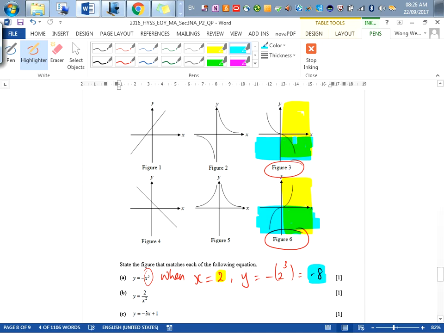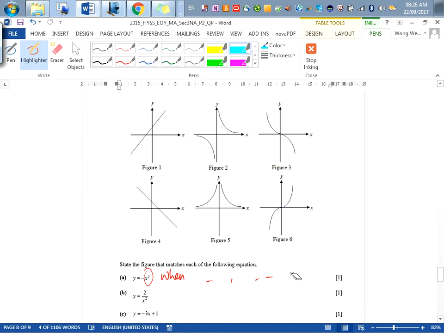When x is positive, y is negative. See, the graph is over here. Whereas in figure 6, when x is positive, y is also positive. When x is negative, y is also negative. Okay, so I know my answer is gonna be figure 3. You can choose to memorize, but if you suddenly forget, then too bad lah. Okay, so this one, figure 3.